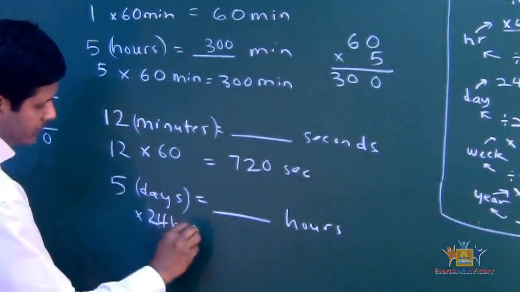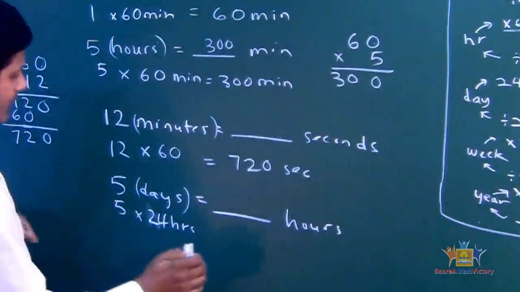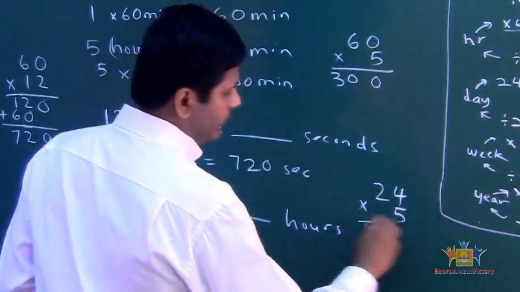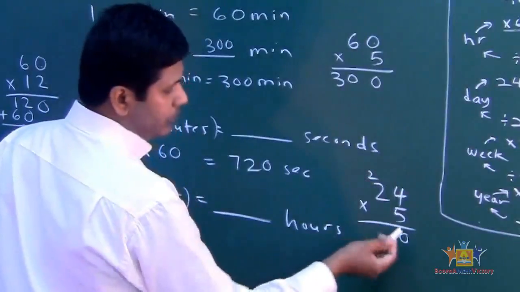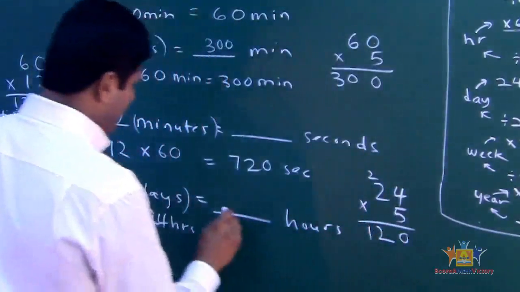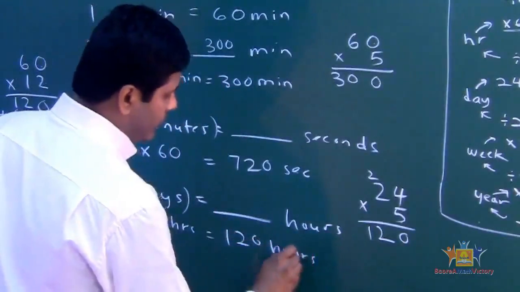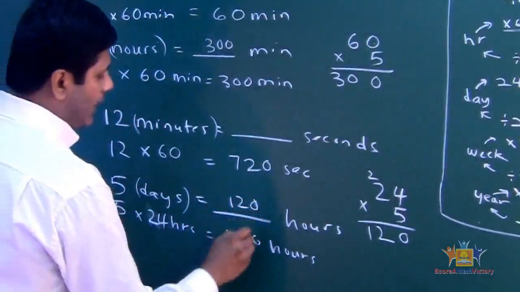We line it up and use the long multiplication method: 24 times 5. 5 times 4 is 20, carry the 2, put the 0. 5 times 2 is 10, plus 2 is 12. So that gives me 120 hours. So 5 days equals 120 hours.